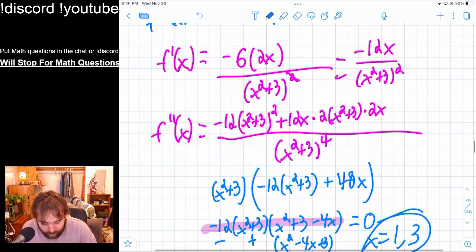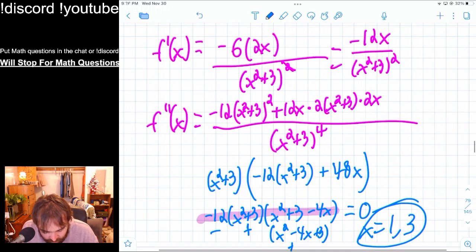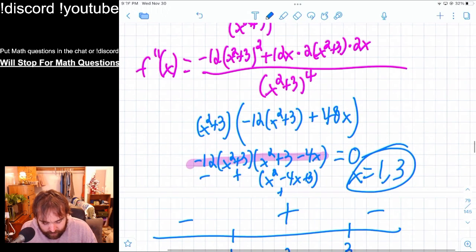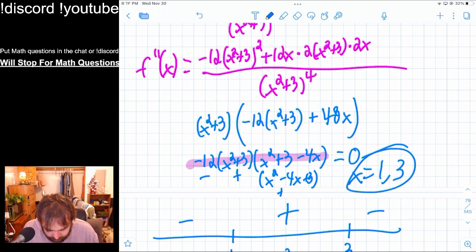So that's how I got, well, then I factored out the x squared plus 3, so I got negative 12x squared plus 3 plus 48. Because the 12 is all still in there. I just pulled out that x squared plus 3. So that's 2 times 2, which is 4, times 12, which is 48. And then I factored out the 12 from everything. So that's how I got the x squared plus 3 minus 4x.